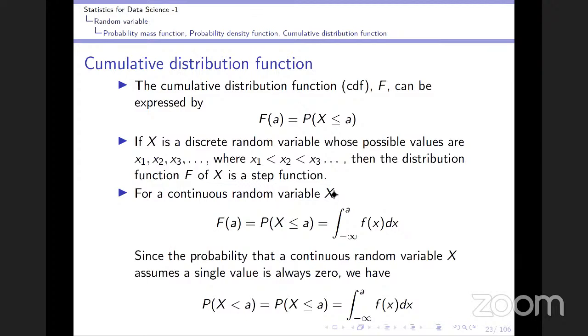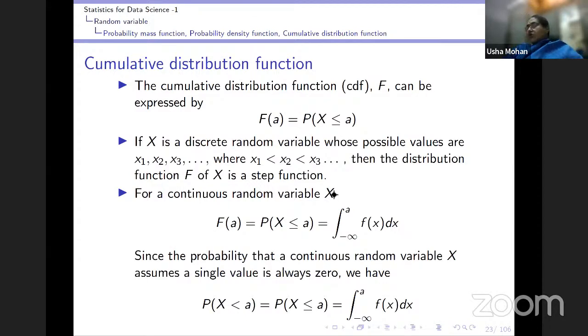Okay, so now the next important thing is the concept of a cumulative distribution function. When I define a random variable, the first two things I did were to decide what is a continuous random variable and what is a discrete random variable. For a discrete random variable, I had what I call a probability mass function.